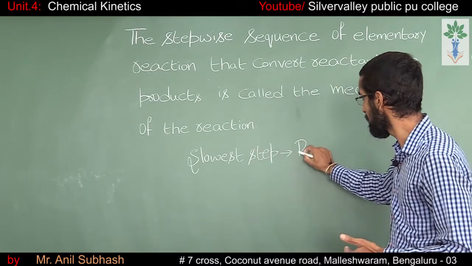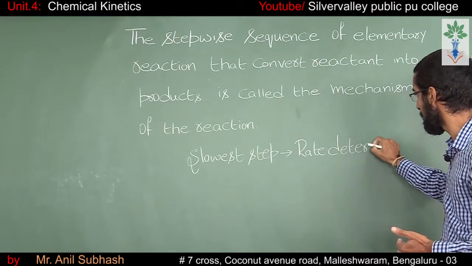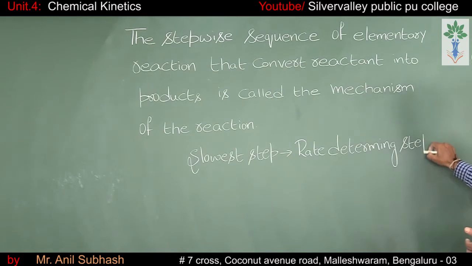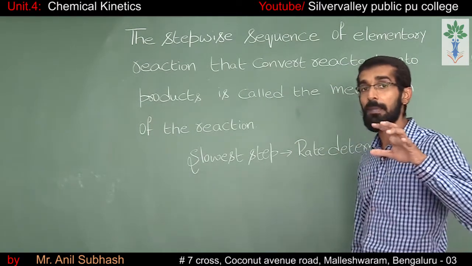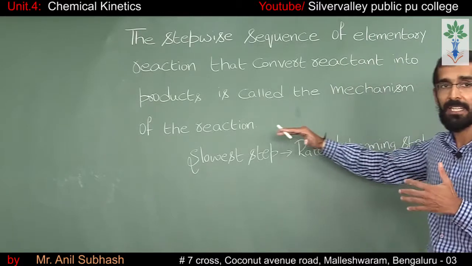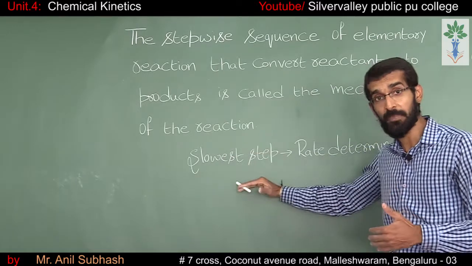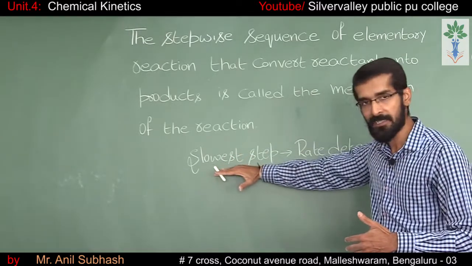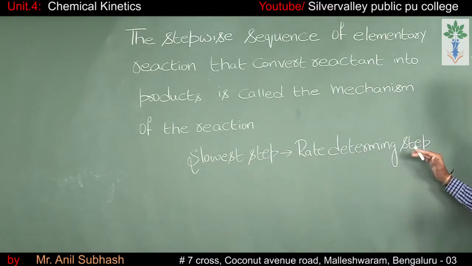is called the rate determining step. That is, the rate of the complex reaction depends upon the elementary step that takes place at the slowest rate, and the slowest step of the complex reaction is known as the rate determining step.